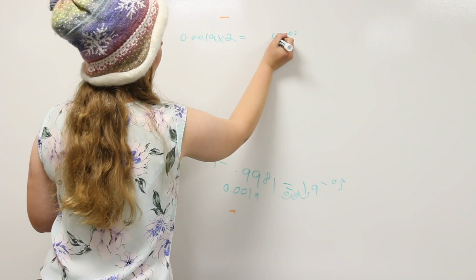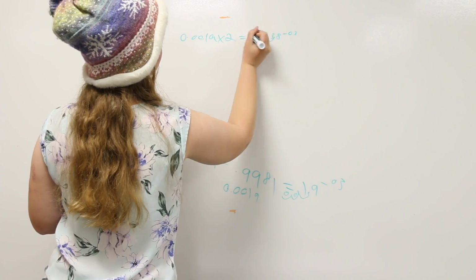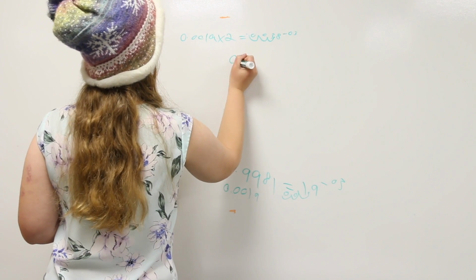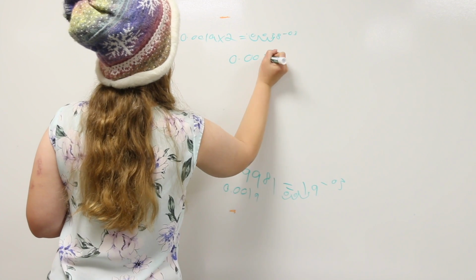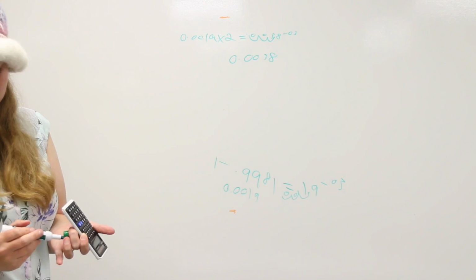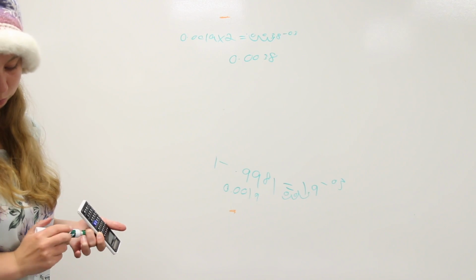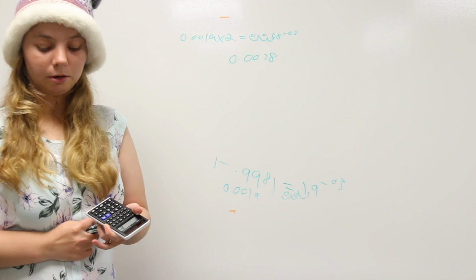So again, we move the decimal place, and it equals 0.0038. So our p-value equals 0.0038.